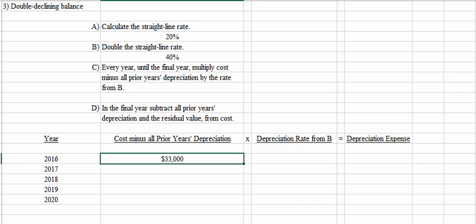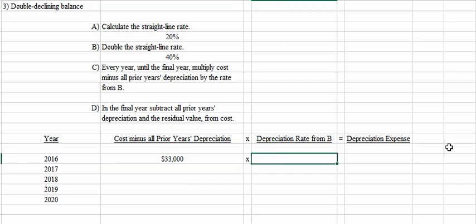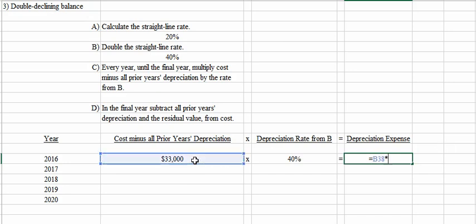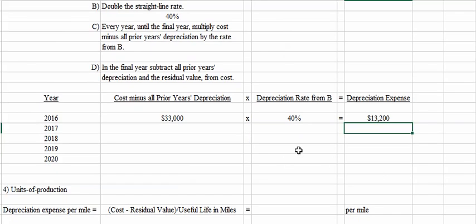A lot of people want to use 30,000. So we're going to multiply by the rate from B, which is 40%. And then it's going to be equal to 33,000 times 40%, 13,200. Okay, well, this 40% is going to be the same each time.